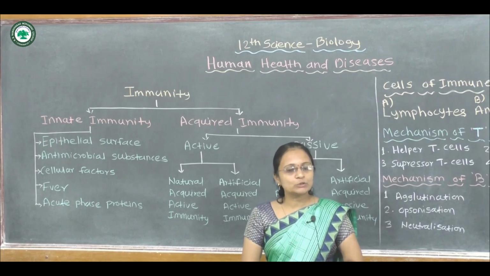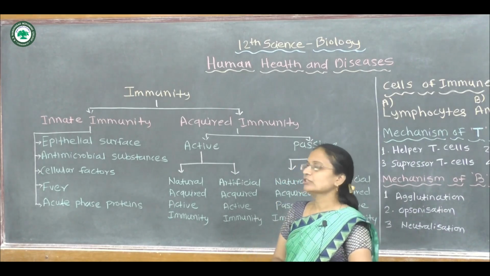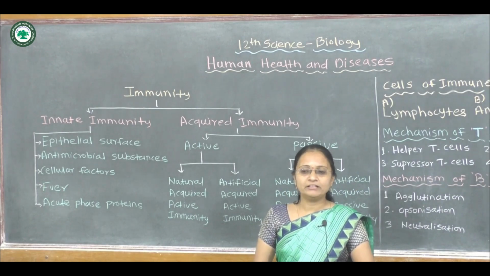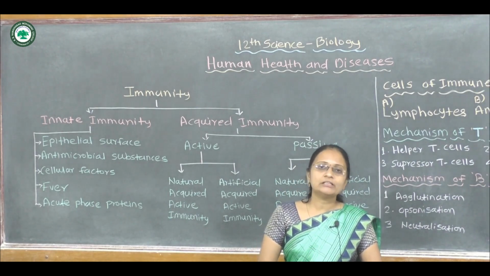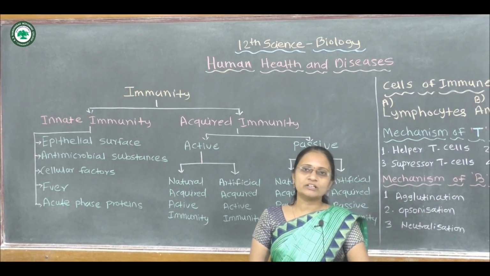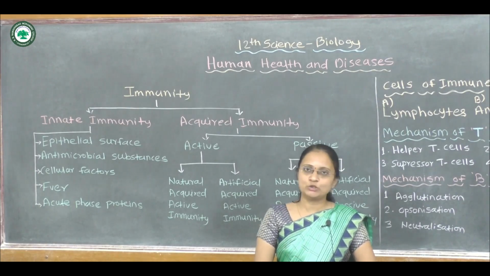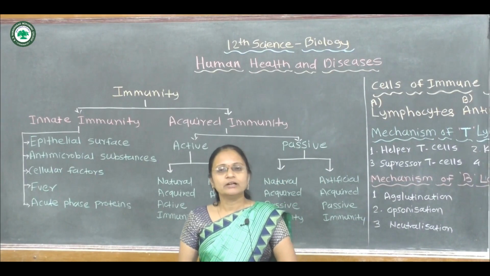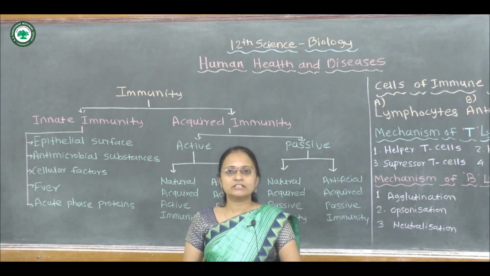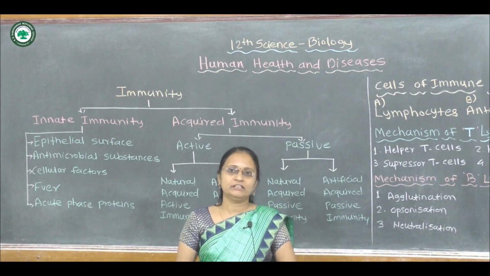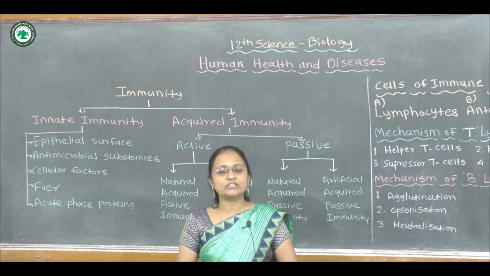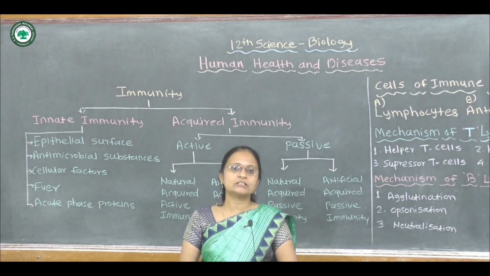The acidic secretion in the stomach is also an example of that surface, because acidity is maintained in the stomach region to kill microorganisms which may enter the digestive tract through food material as well as water. These substances automatically get killed if viruses, bacteria, or pathogens enter the body along with them.